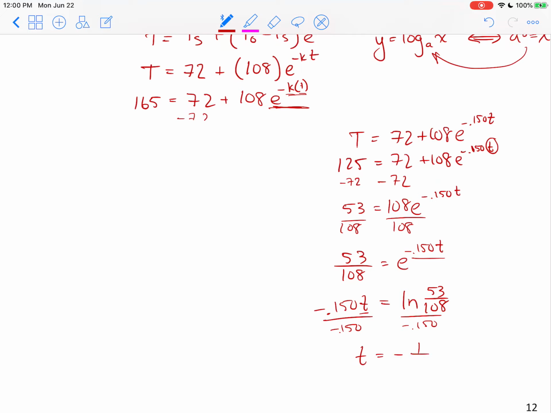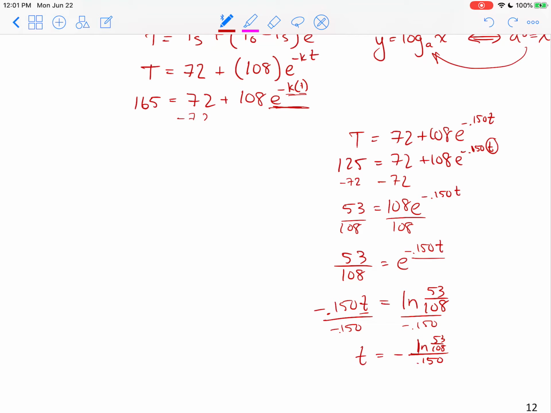If I was going to put this into Pearson, I might just put it in as ln of 53 over 108 over 0.150. Typically, we don't like to have decimals within fractions, so at this point, I would probably just change it to a decimal.